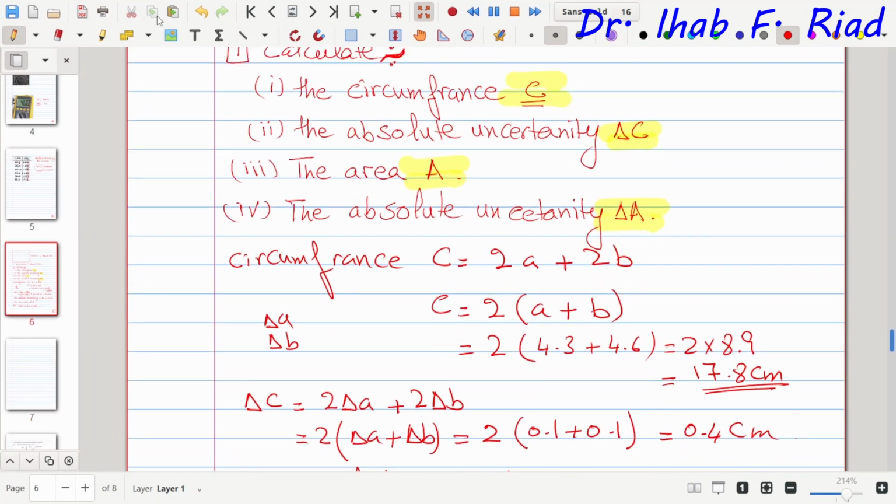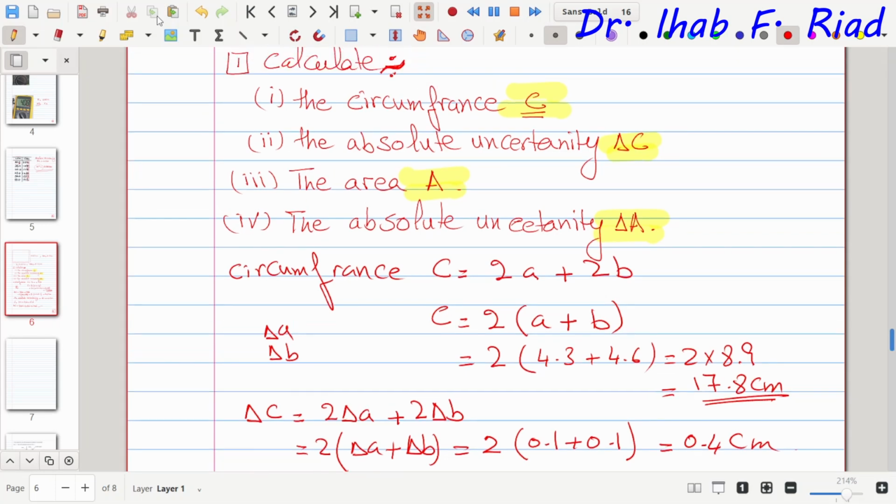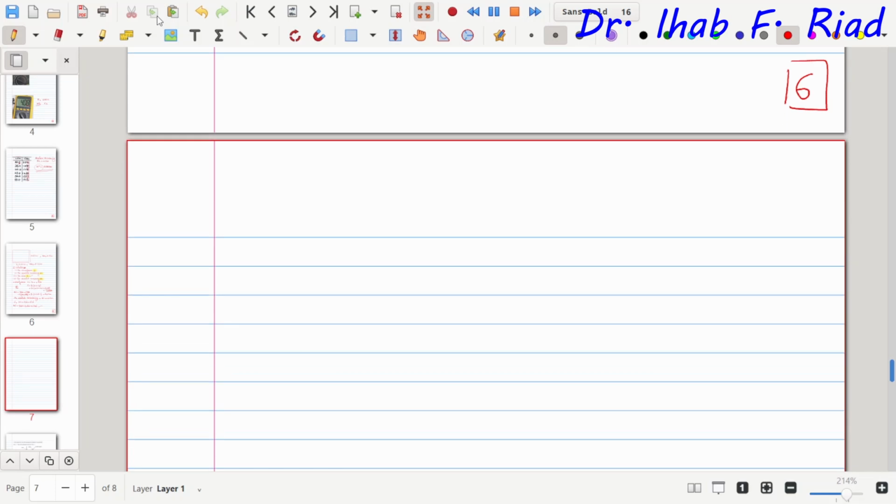multiplied together? As an example, let us calculate the area. So the area is equal to A times B, right? 4.3 times 4.6.